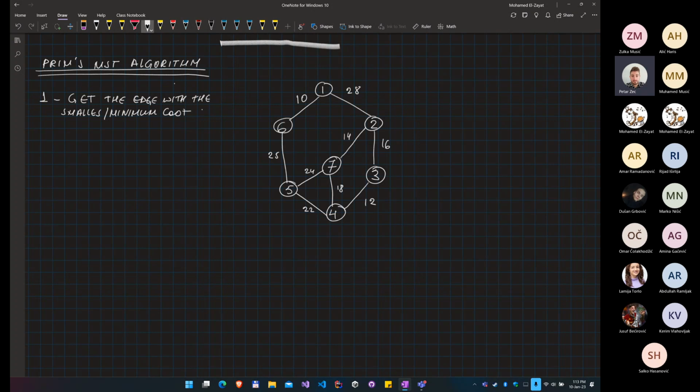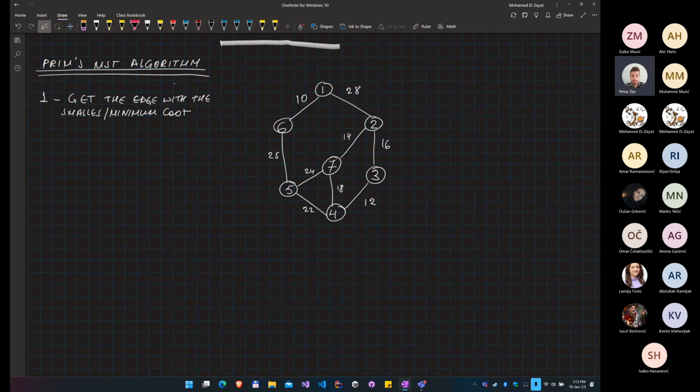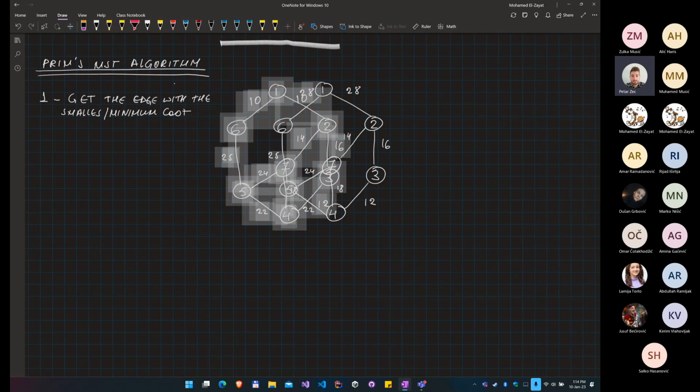Okay, the edge with the minimum cost, the smallest cost possible. So the smallest cost possible here is actually 1 to 6, right? So 1 6 is the smallest edge. So I'm actually going to put the solution right here. Let it be like this. So let me grab this and move it aside a bit right here.